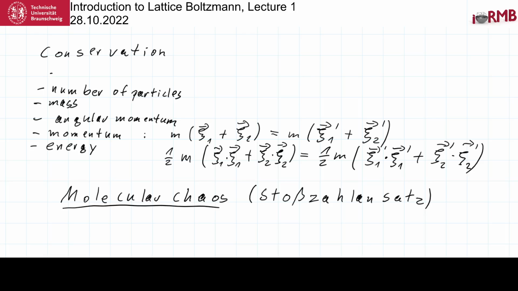This is a proper scientific term. This is how Boltzmann called it. Molecular chaos sounds too much 20th century. Stoßzahlansatz is the assumption that Boltzmann made, because he does not distinguish between particles.